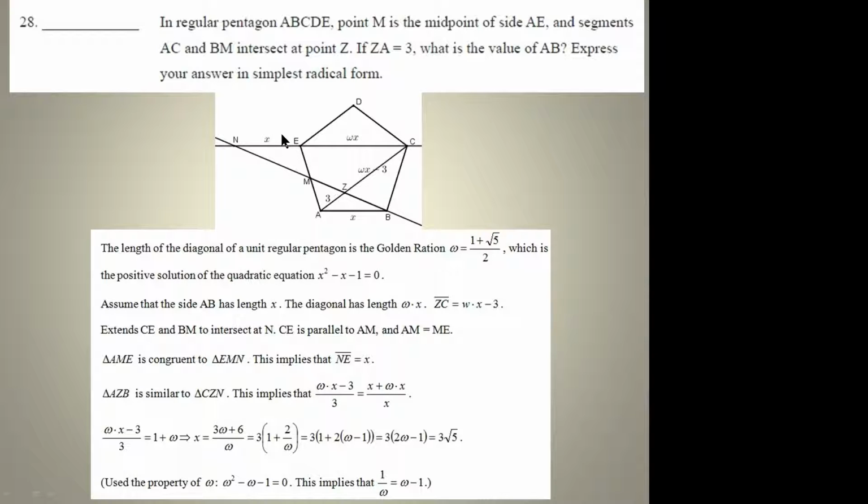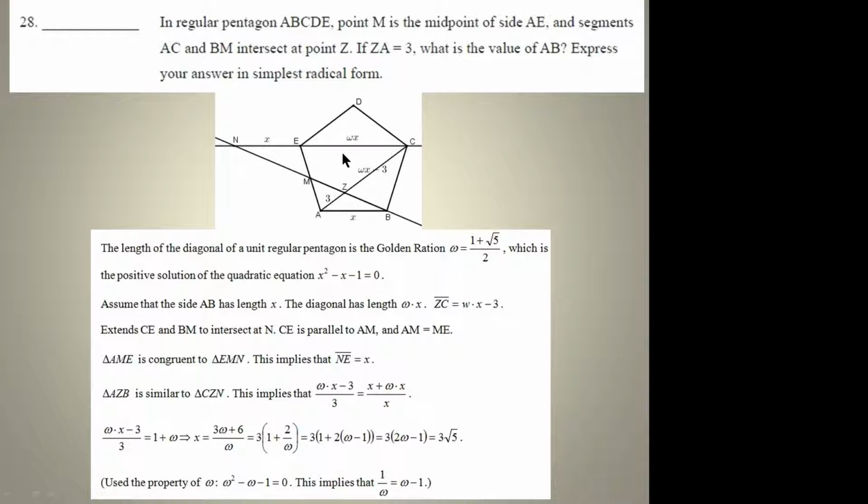Once we find this, we use another pair of triangles here. Triangle AZB is similar to triangle CZN because the two lines CN and AB are parallel. So you have two similar triangles.